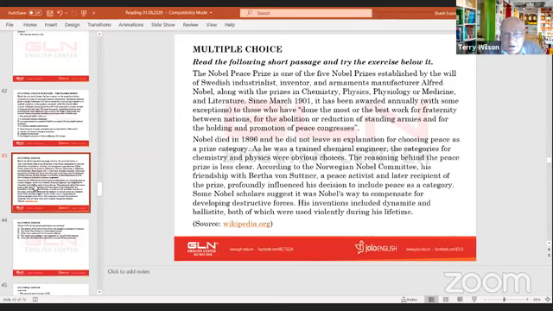So if we look at the end of the text, it says his inventions included dynamite and ballistite, both of which were used violently during his lifetime. So that one is E in the multiple choice.